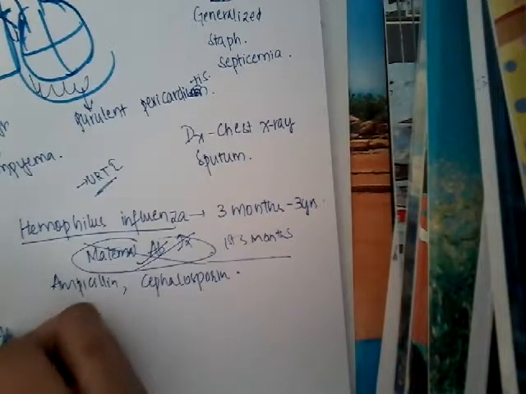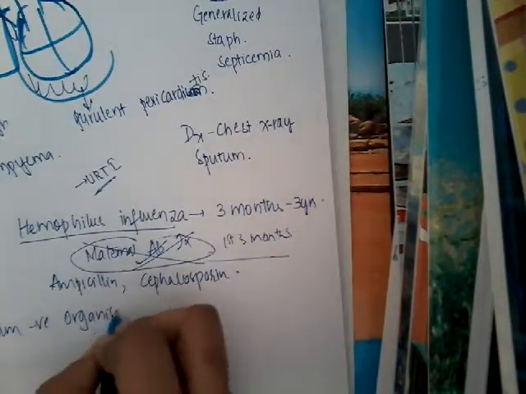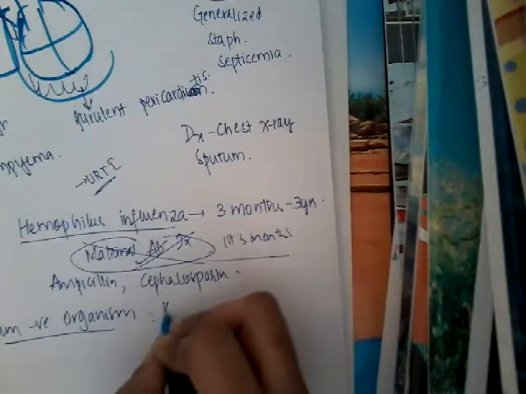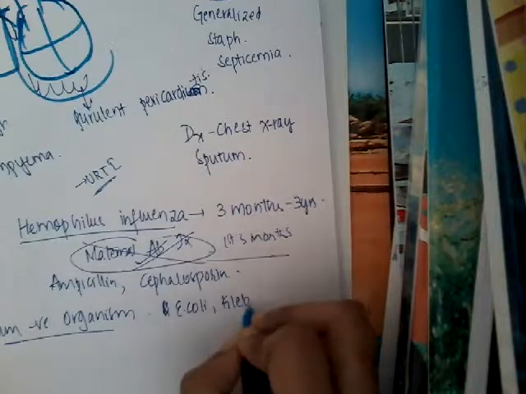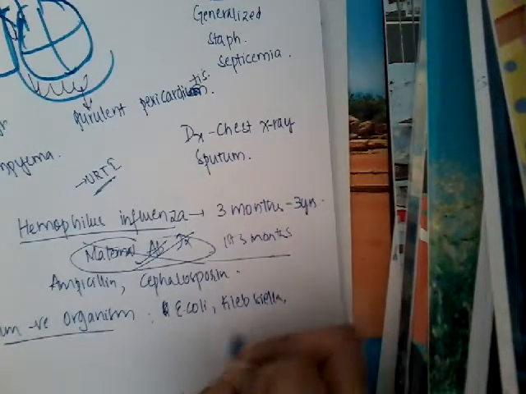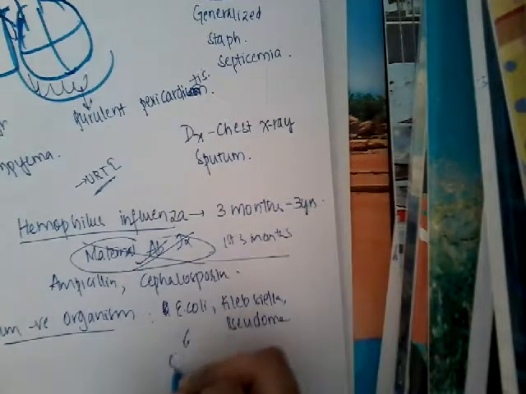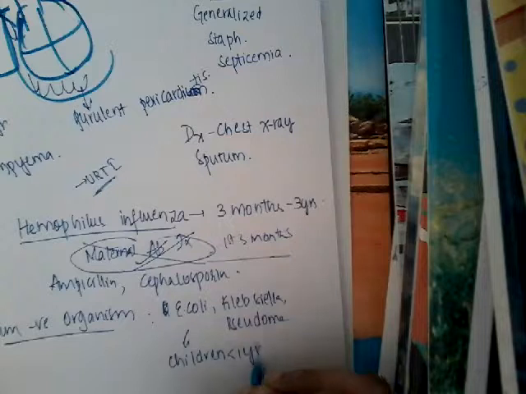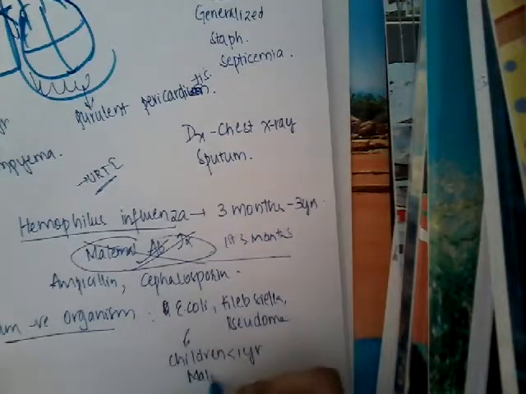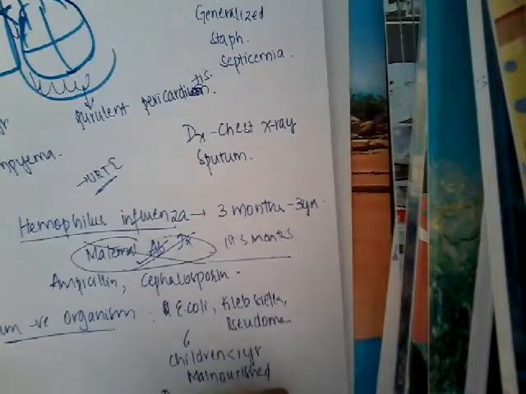Then the other organisms which I would like to discuss are gram-negative organisms. As I have showed you, there are many gram-negative organisms, like number 1, E. coli, Klebsiella or Pseudomonas. These organisms will most commonly affect children who are less than 1 year of age, or when the child is malnourished, or in deficient immunity.